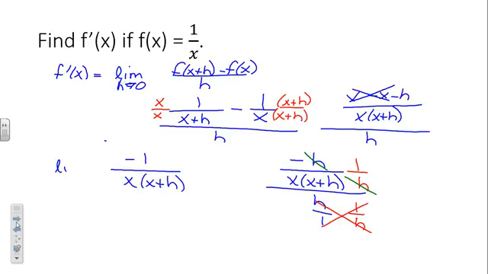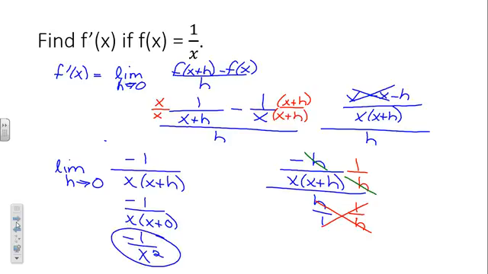Can we take the limit now? Not breaking any rules? When h is 0, we will have negative 1 over x times x plus 0. So negative 1 over x squared. That is my derivative.